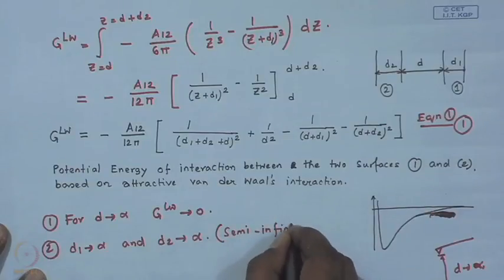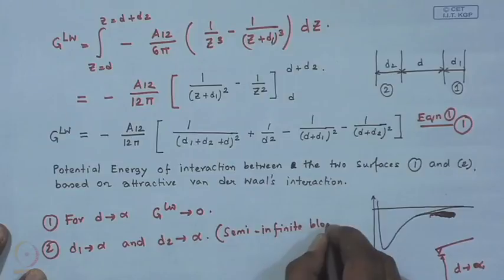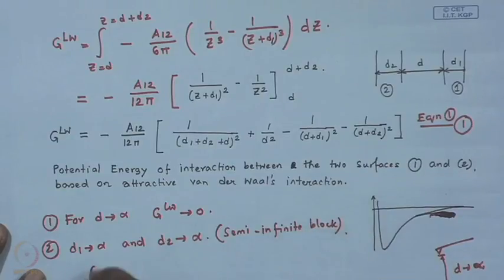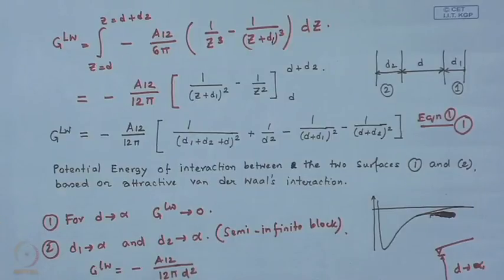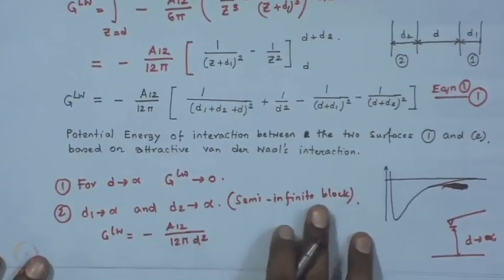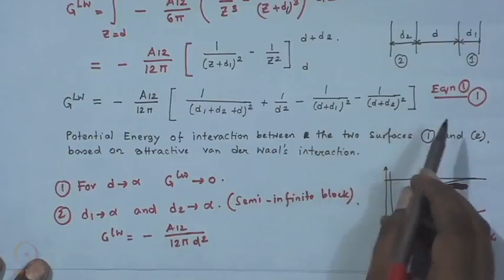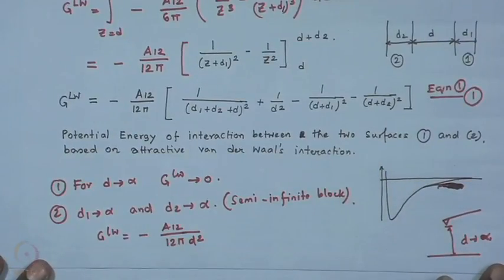In that case you can see that GLW is minus A12 divided by 12 pi d square, because d1 and d2 are present in the denominator of all the other three terms. So, for d1 and d2 tending to infinity, all these terms tend to 0, and therefore, this is the potential energy of interaction.